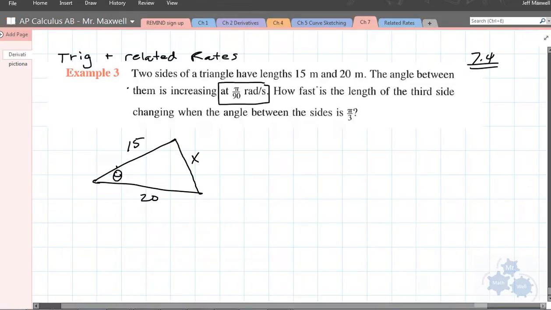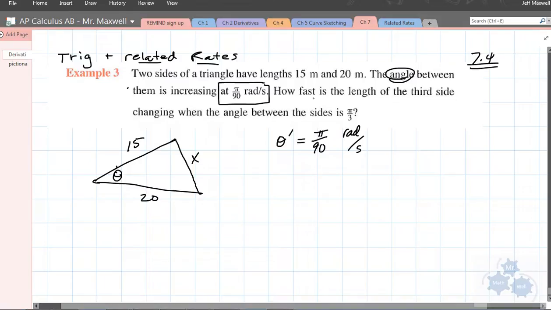What we have to understand is that this question is giving us the rate of change of an angle. This angle we've said is theta. The rate of change is the derivative, right? The instantaneous rate of change, and that's going to be pi over 90 radians per second. So that's the given rate of change. In a related rates problem, there's another rate that we're trying to find.